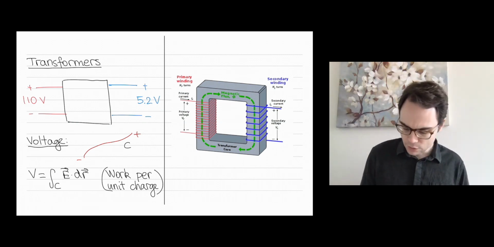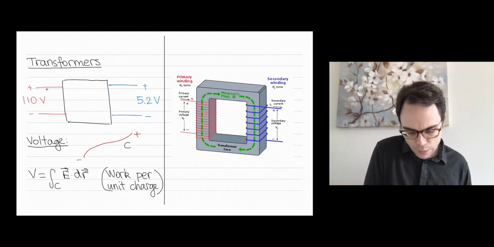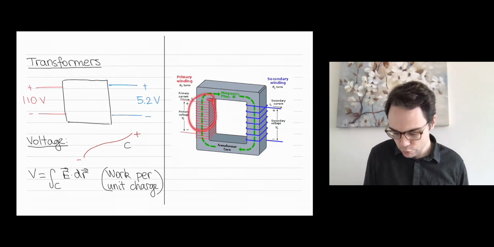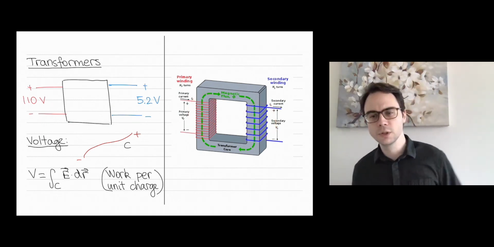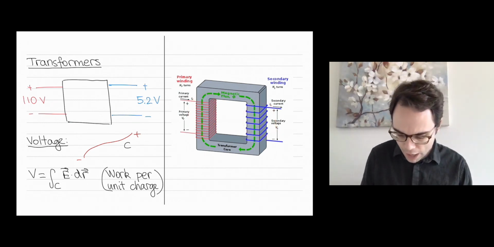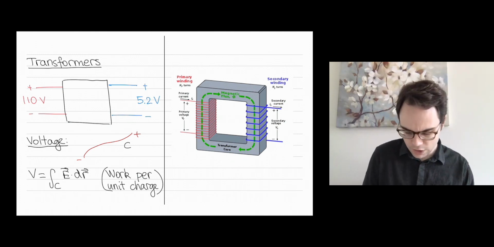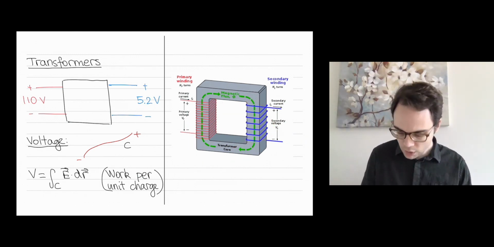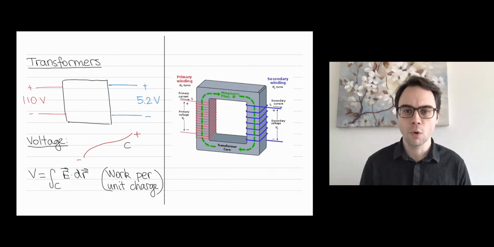What's transforming? You see the red wire and the blue wire never touch. The voltage of the red wire is transformed into the voltage of the second wire via the magnetic field.